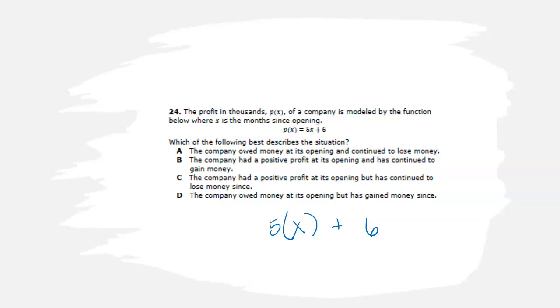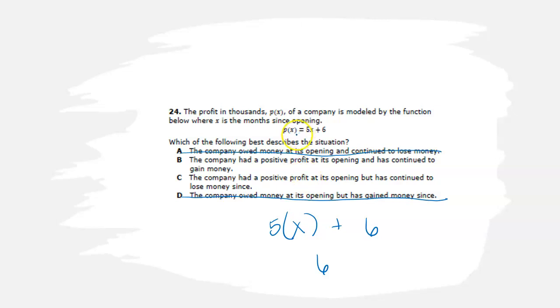Well, let's see. If we plugged in 0 months, just when they open, 5 times 0 is 0 plus 6 would be 6, which means that's positive. So they can't have owed money.